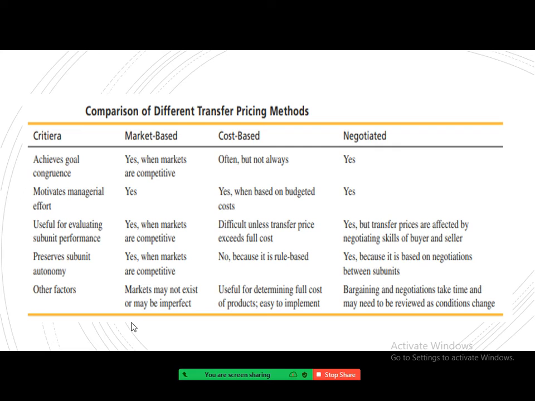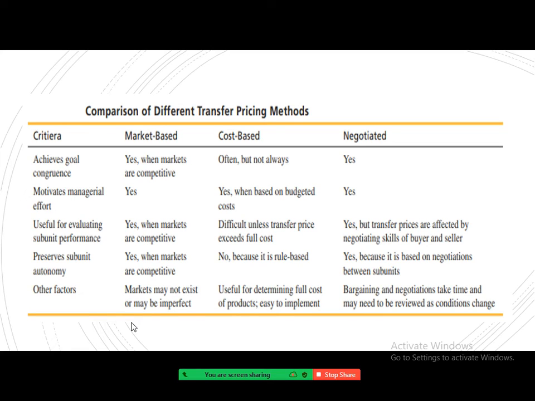The next is cost-based. Cost-based transfer pricing uses an internal cost as the starting point in determining the prices. So cost-based transfer pricing can take the same form as the cost-based pricing methods discussed earlier. The way costs are defined may have an impact on tariffs and duties on sales to affiliates and subsidiaries.